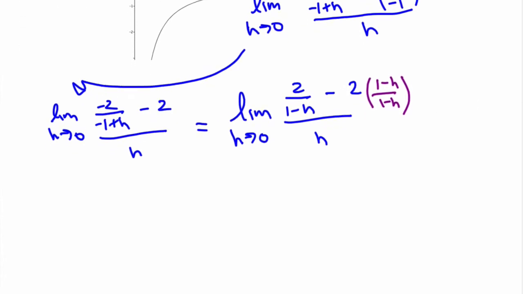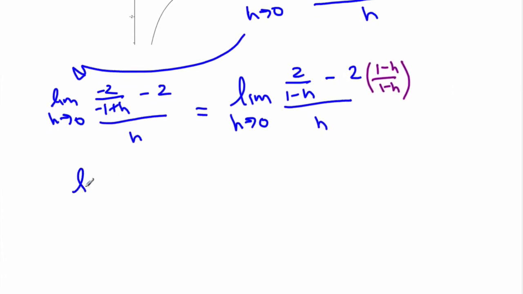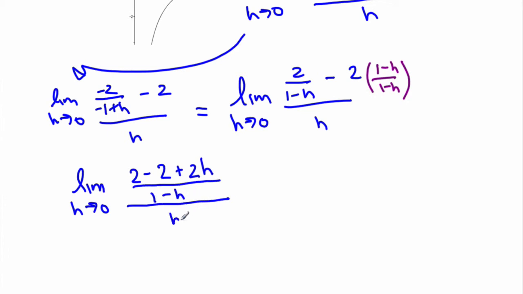Okay. We're going to have the limit as h approaches 0 of 2 minus, so distribute the -2, so -2. Distribute the -2 again to the h. You're going to get plus 2h all over 1 minus h all over again h.